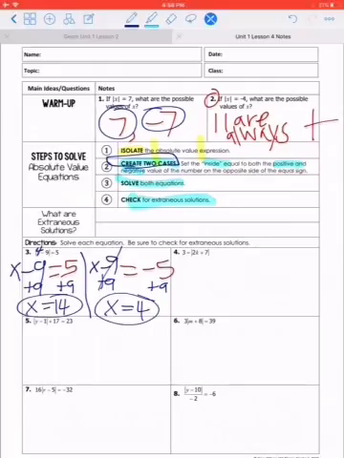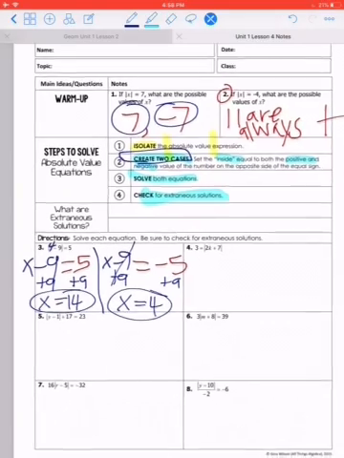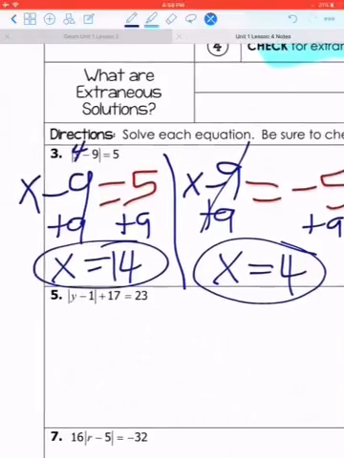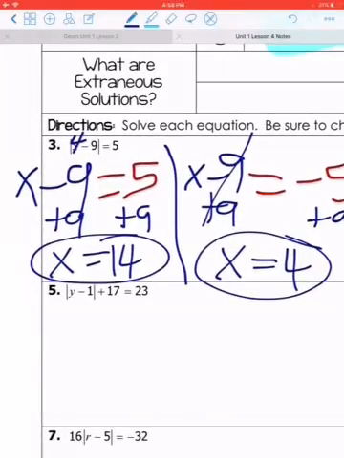Okay, so I'm going to go ahead and skip number 4, and let's talk about some of the other ones where you have to isolate the absolute value first. Okay, so let's go to 5. So we have the absolute value of y minus 1 plus 17 equals 23. So your step 1 is to just isolate this absolute value.